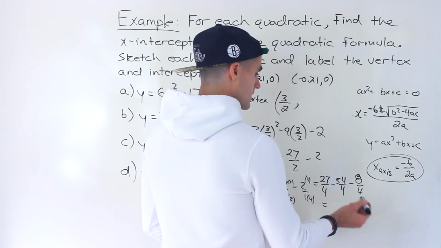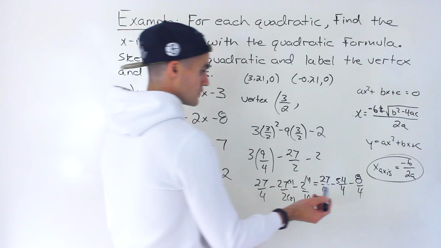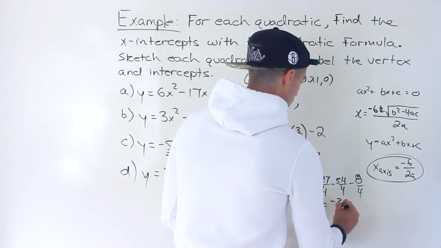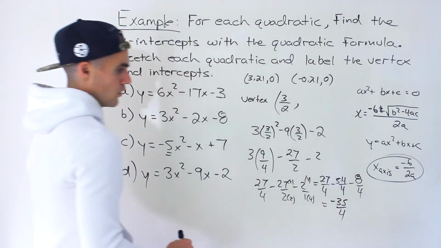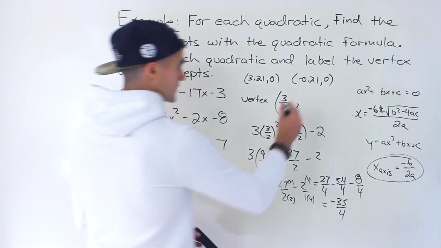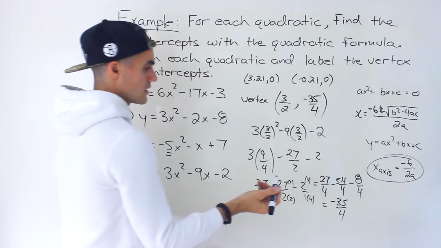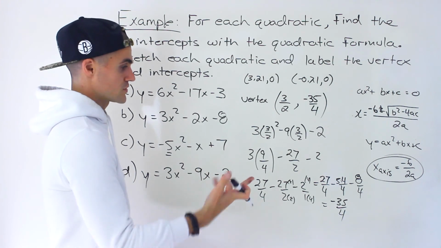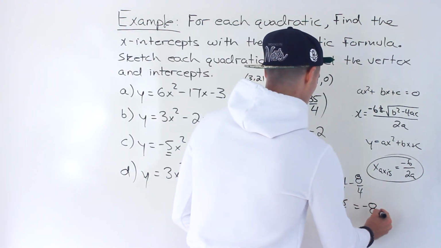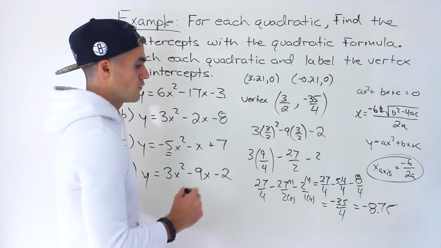Then we'd have 27 minus 54 is negative 27, minus 8 would give us negative 35 over 4. So that right there would be the y value of the vertex. If you want to get the decimal of that, it's going to be negative 8.75.